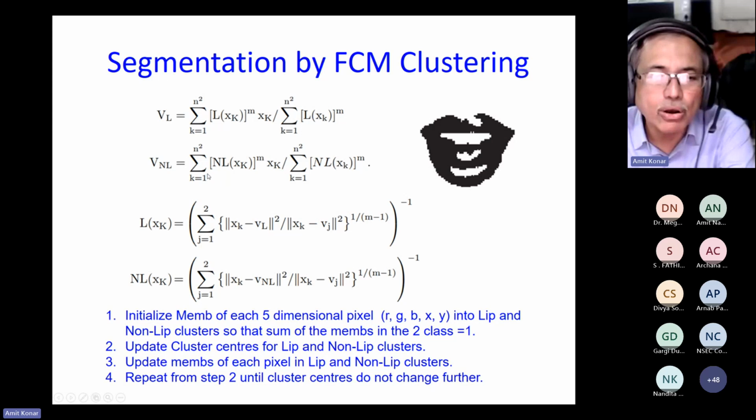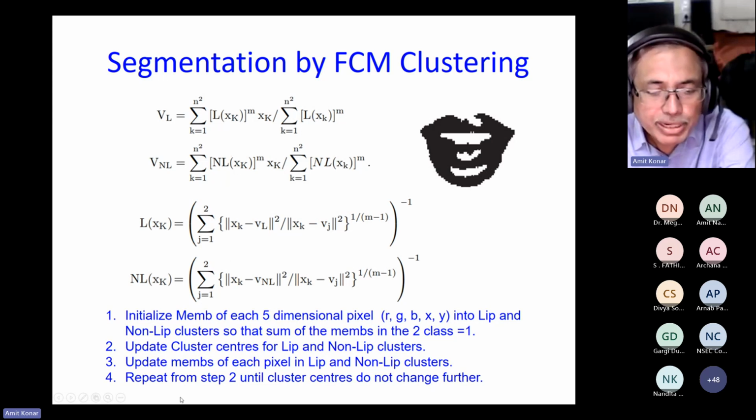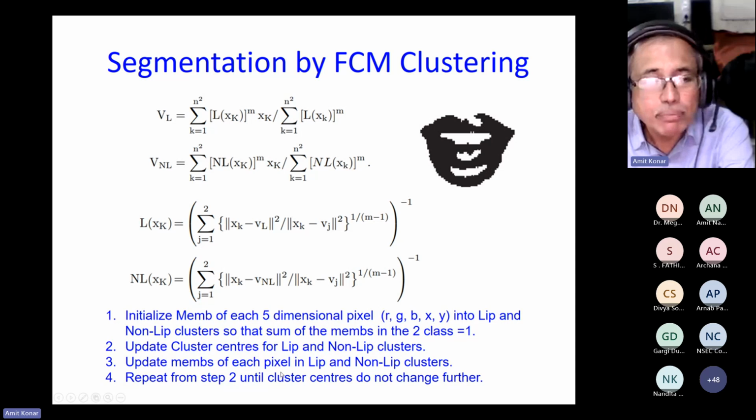These 2 steps of computing cluster centers and evaluating memberships will be repeated many, many times until the point comes when the cluster centers VL and VNL do not change further. That means the cluster centers of the lip region and non-lip region do not change further, and then we stop.